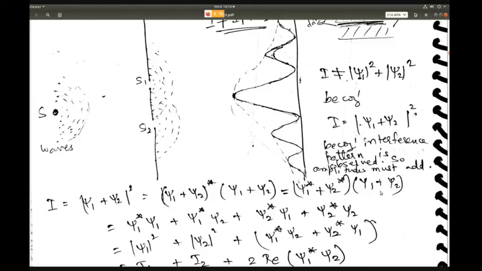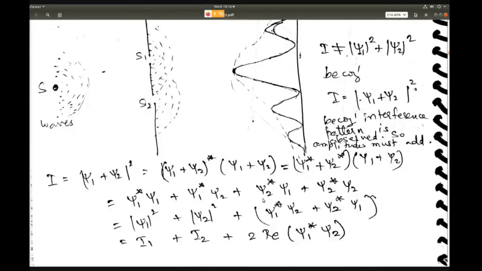Then you can expand it, remove the brackets, and you will get psi1 star psi1 plus psi1 star psi2 plus psi2 star psi1 plus psi2 star psi2. And then this one becomes obviously psi1 square. This becomes psi2 square. And this is the remaining part.